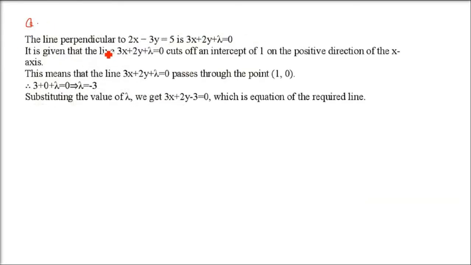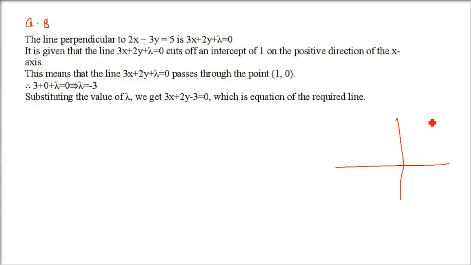This is question number 8. Eighth question is saying find the equation of the straight line perpendicular to 2x minus 3y equals 5 and cutting off an intercept 1 on the positive direction of the x-axis. So same thing is there.